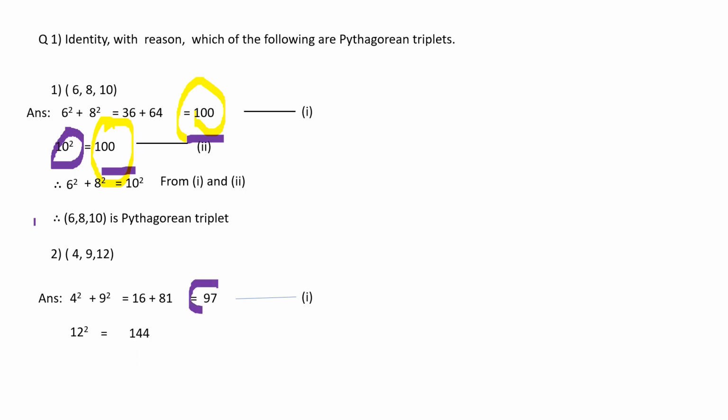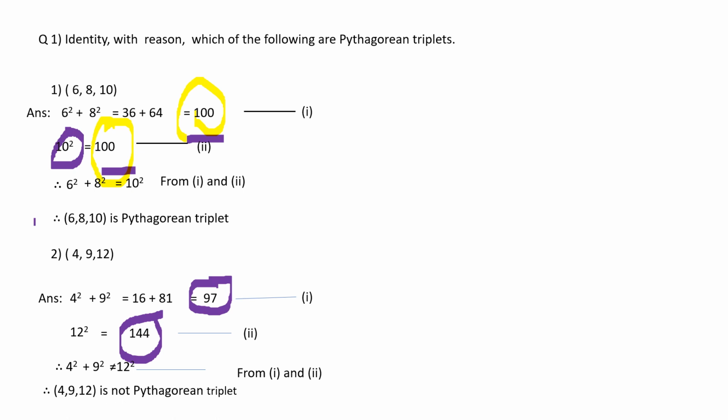Here 97 and 144 are not equal. Therefore, we write 4 square plus 9 square is not equal to 12 square. Therefore, from 1 and 2, here we write down the reason. Reason is compulsory. Therefore, 4, 9, 12, this triplet is not a Pythagorean triplet.